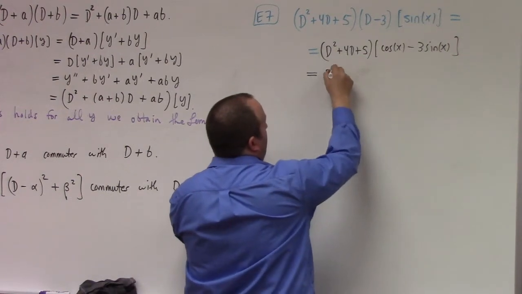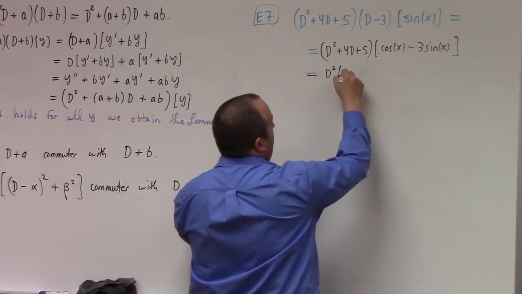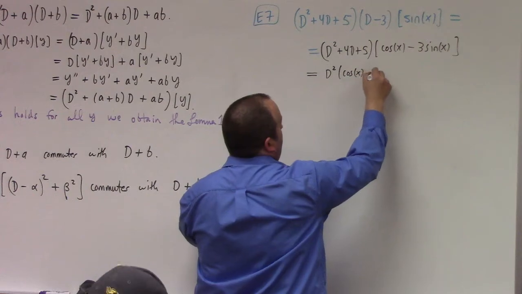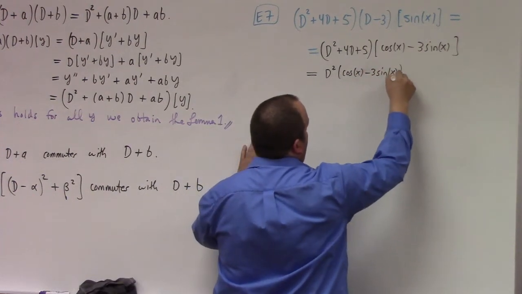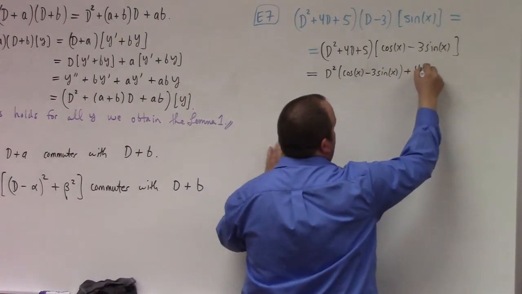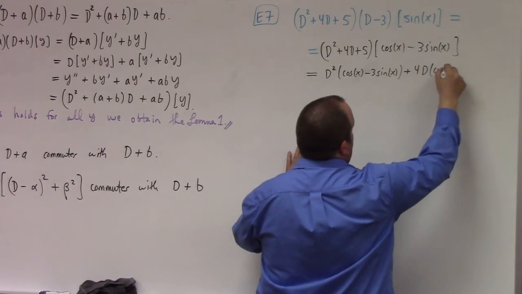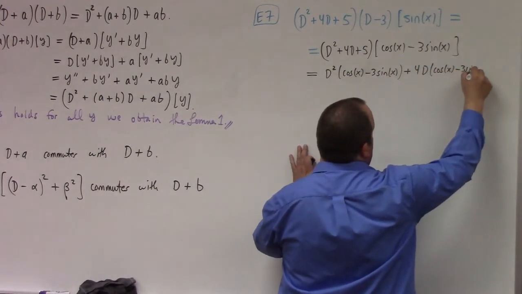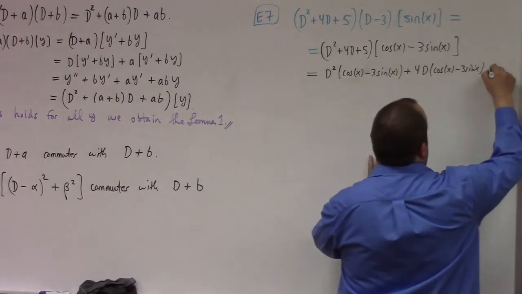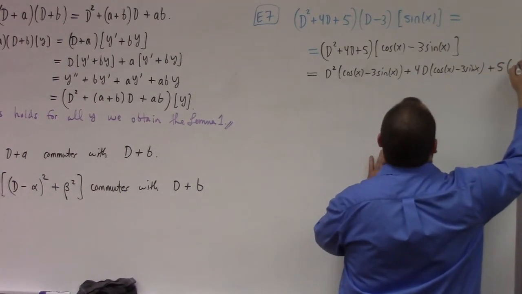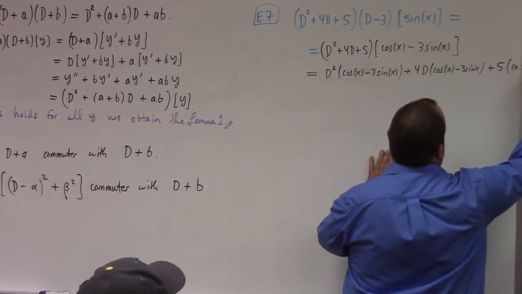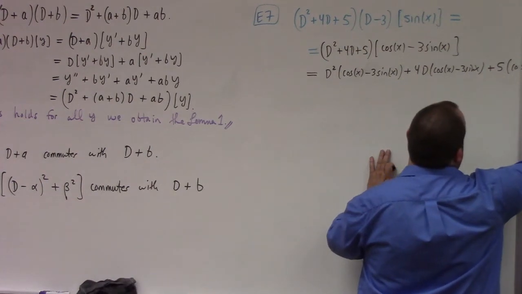We get D squared on cosine of x minus 3 sine of x, plus 4 times the derivative of cosine of x minus 3 sine of x, and then plus 5 times cosine of x minus 3 sine of x.